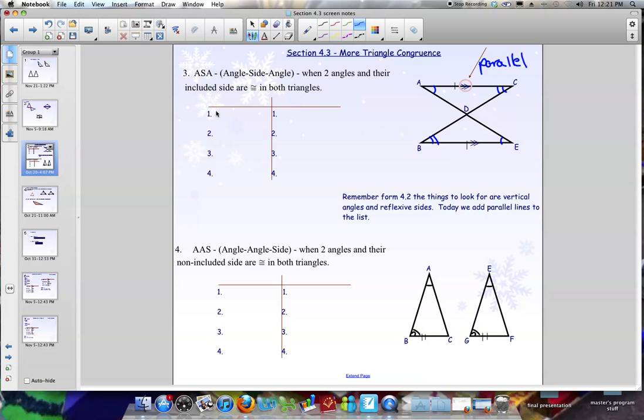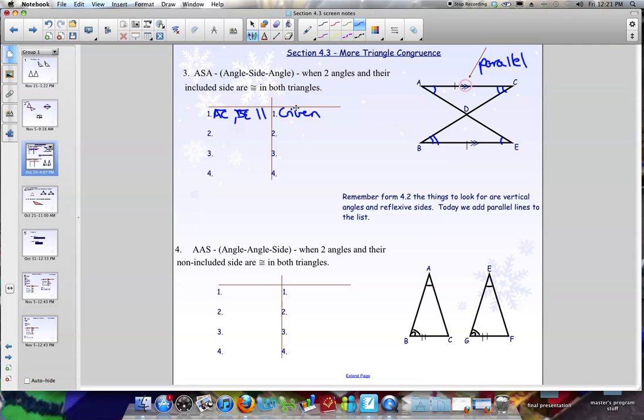So our first statement would be that AC and BE are parallel, and that would have been given to us because the arrows were there in the picture. Notice also that we have tick marks.